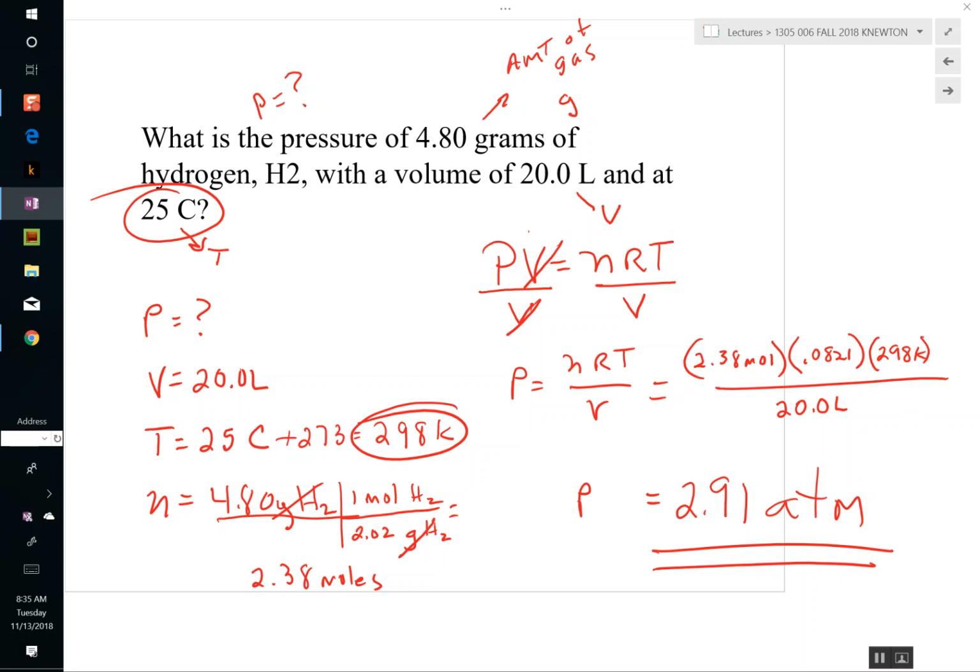The best name for this would be the combined gas law. It combines all the gas laws into one law. They messed up by combining Boyle and Charles and calling it the combined gas law. This is known as the ideal gas law.